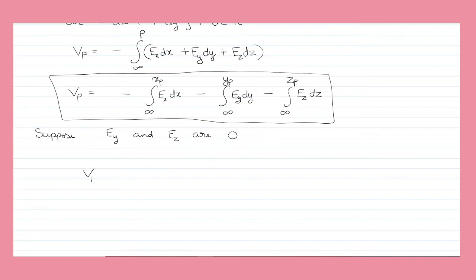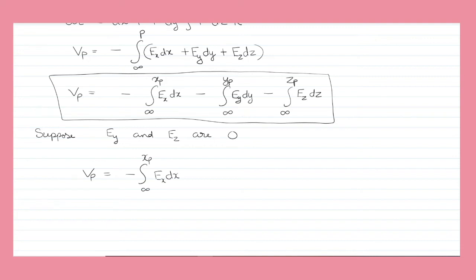So Vp will be equal to the integration of minus Ex dx from infinity to xp. Now if we integrate the electric field and put a minus sign, we get Vp.